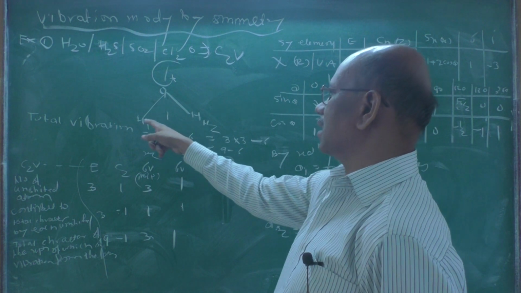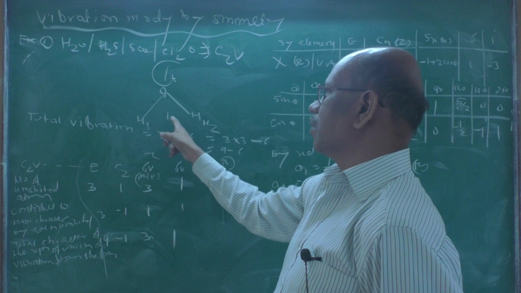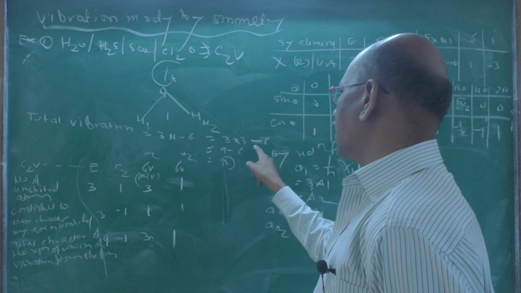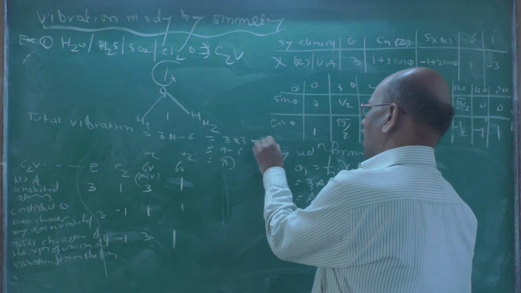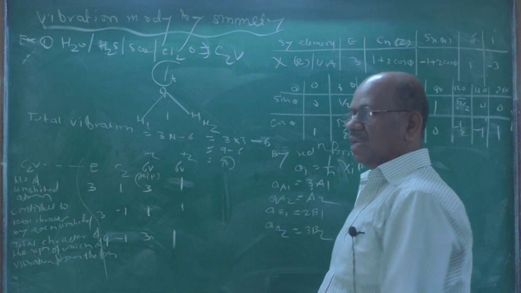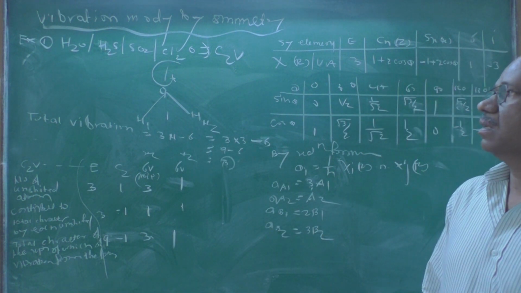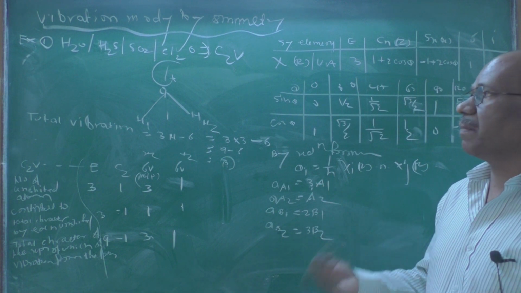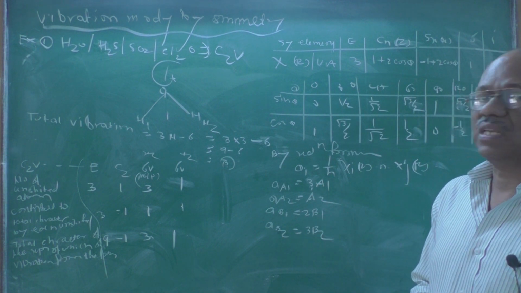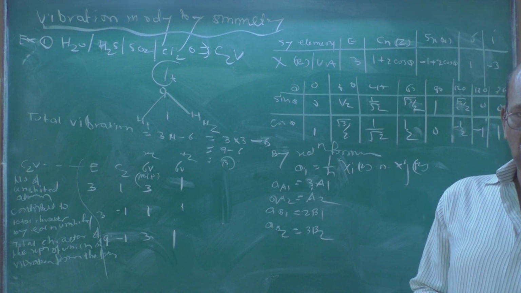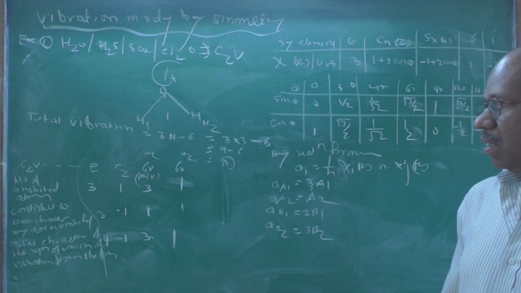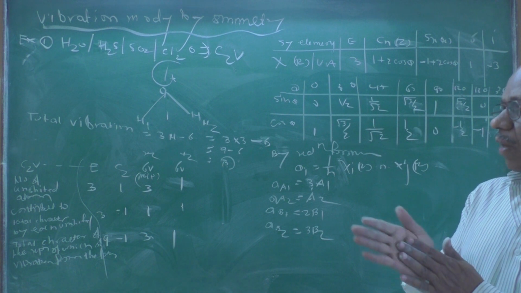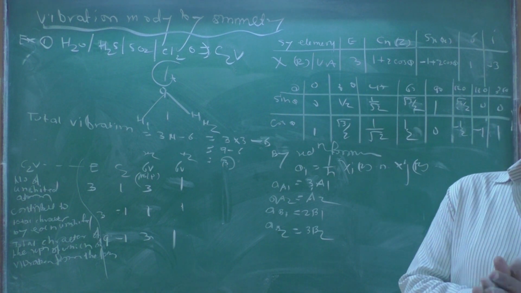So 3 atoms are there, H1, H2, 2 hydrogen and 1 oxygen. So 3 multiplied by 3 minus 6, 9 minus 6 is equal to 3. Whatever example is there in the C2V point group, it has 3 vibration modes. Now we have to find out the reducible representation.